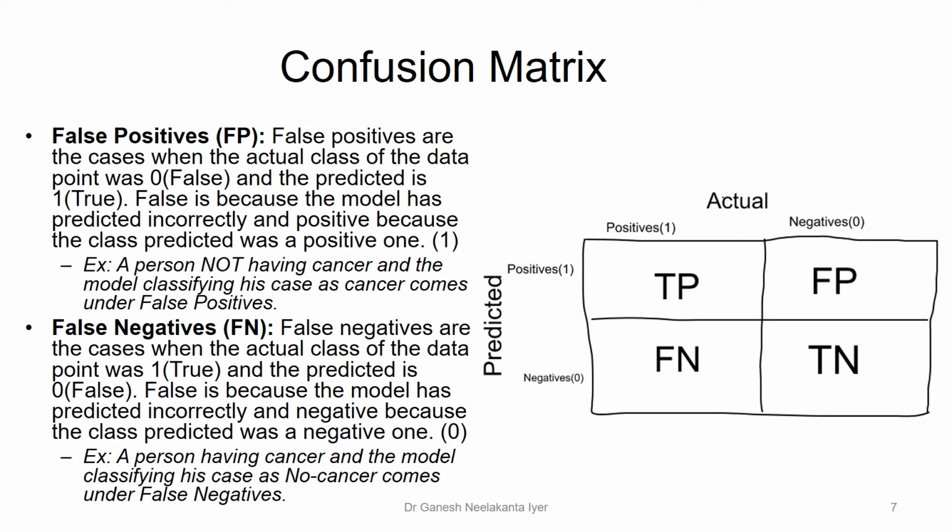And now you can guess what false negative means. False negatives are the cases when the actual class of the data point was 1, true, and predicted as 0. Someone has cancer, but your model says no, he's all right. Very dangerous, isn't it?